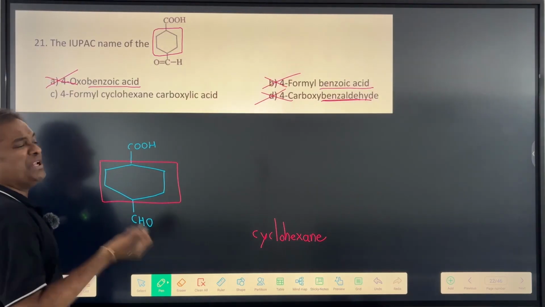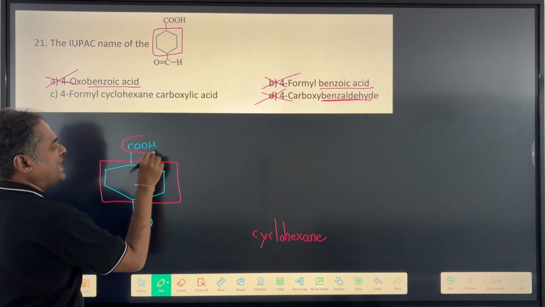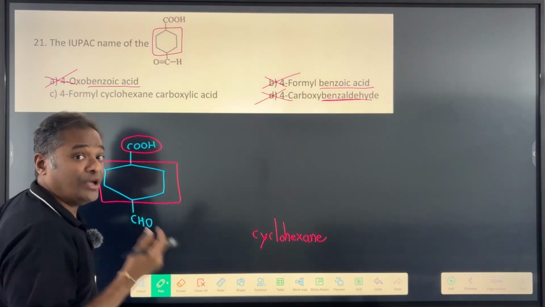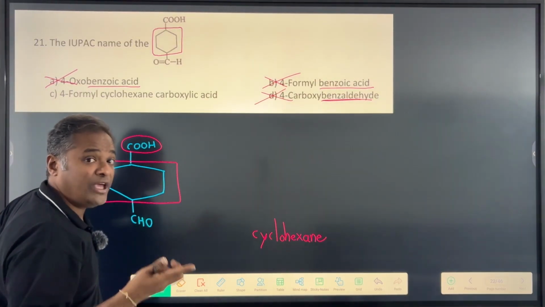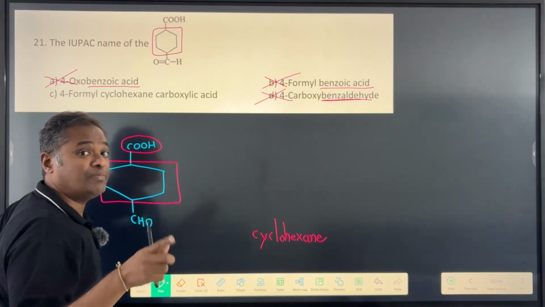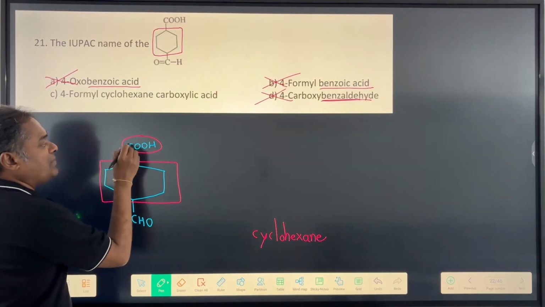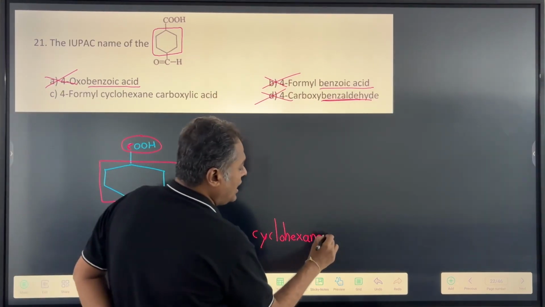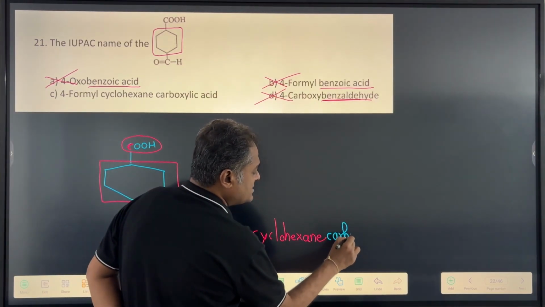The main principal functional group is a carboxylic acid. And what is the suffix name of carboxylic acid? It's oic. But you remember when you use the word oic? When your functional group carbon is a part of a chain. Here your functional group carbon is not part of the chain. So here we use the word carboxylic acid.